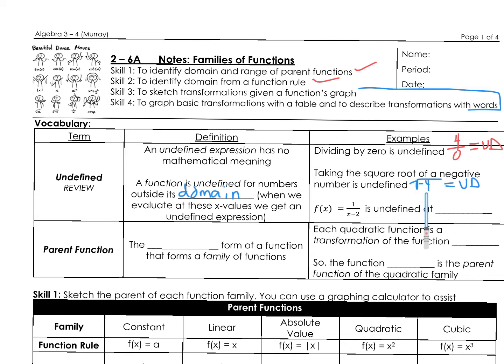We can take the square root of 0. The square root of 0 is 0. And we can take the square root of positive numbers. So the square root of 4 is 2. So in other words, the domain of the square root of some number is going to be any number 0 and greater. So that means our domain x will be greater than or equal to 0. Any number greater than or equal to 0 you can take a square root of.